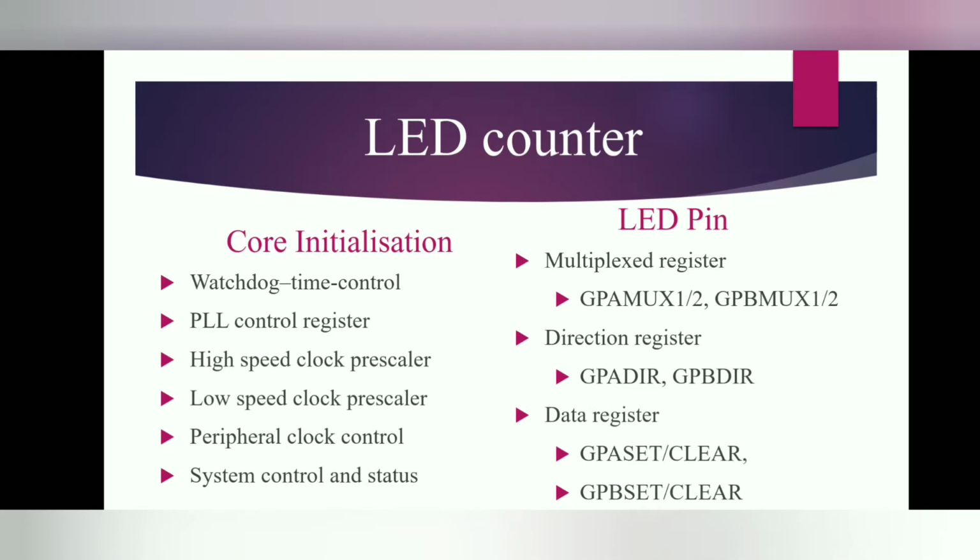If you are driving the LED counter, sometimes you need a 1, sometimes your LED should blink, and sometimes your LED should be 0. So the data set register or clear register provides you the output as 1 and 0, in the form of 3.3 volts and 0 volts respectively. While initializing all the code, and some multiplex and GPIO registers, we can do all the programming.